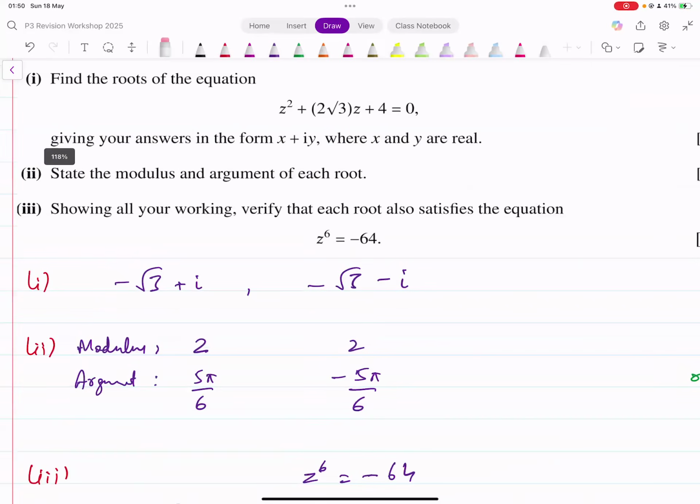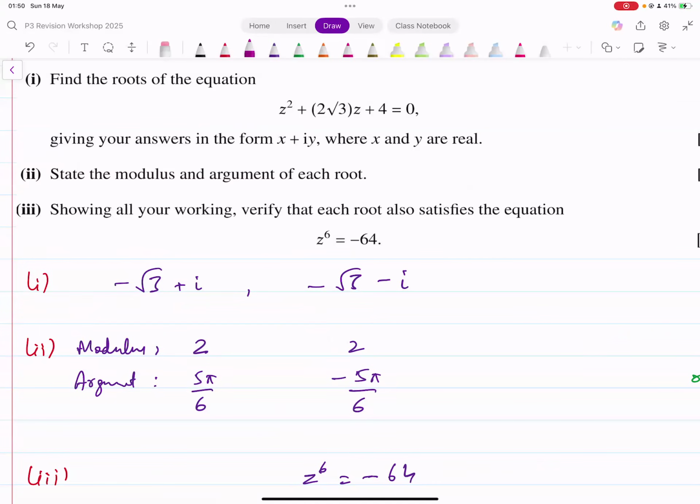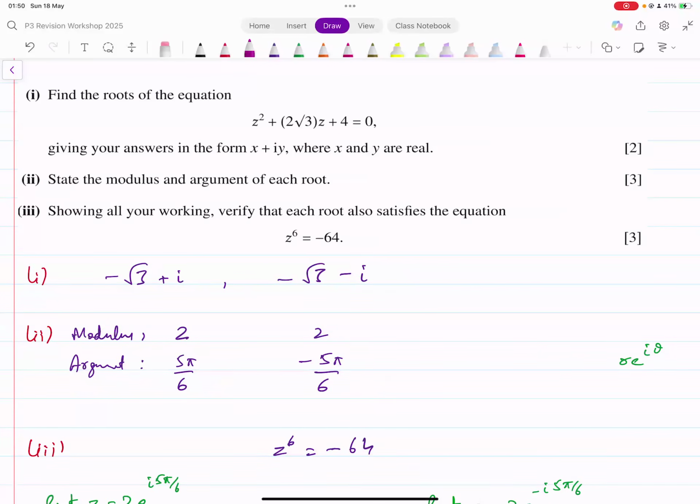Evaluating such big powers of Z is going to be pretty long if you do this power 6, right? You have to use binomial expansion, and that becomes fairly complicated then. Fairly long. You have iota raised to power 5, iota raised to power 6, right?